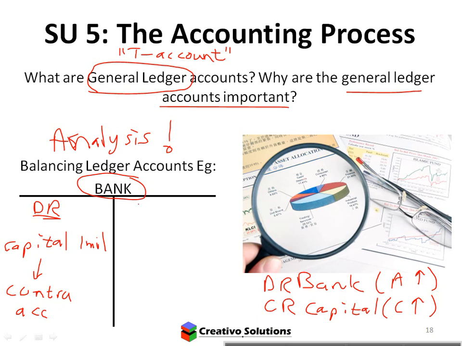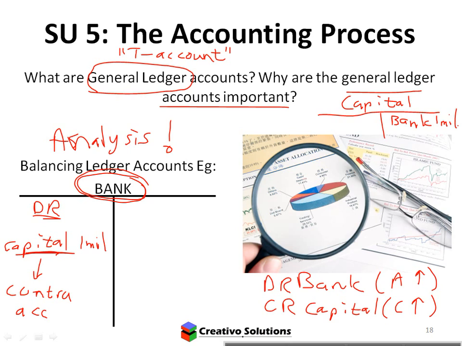So in bank, I'm going to write what? Capital. Right, and then I want you to draw this. So I'm going to draw a little account here called capital. Okay, and what am I going to write in capital? Bank. 1 million. See, those are control accounts. So that's the purpose of a general ledger.